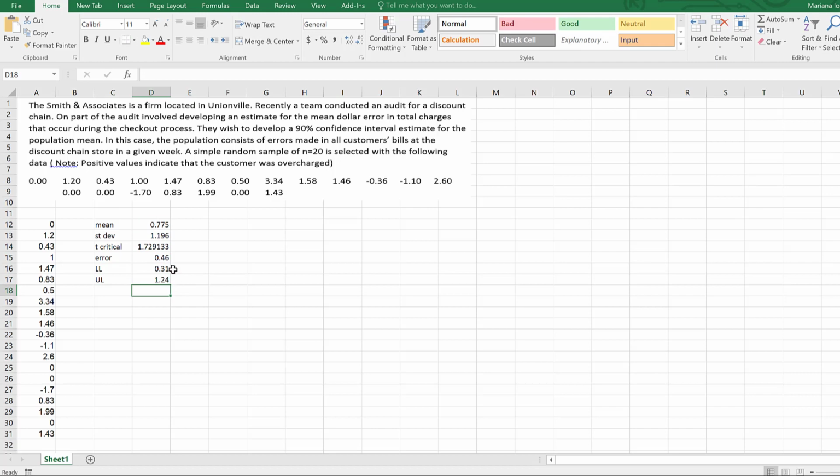So decimal 31 to 124, it's a 90% confidence interval for the true mean of dollar error in total charges for all customers' bills at the discount chain store in a given week.